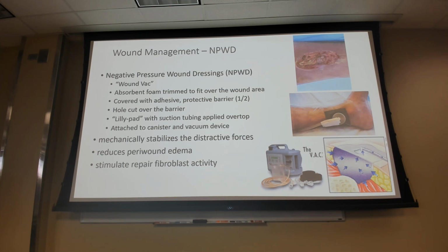That's another issue with why we sometimes don't primary close things, just because we'll have that wound edema with it. So this will help reduce that. And then it helps stimulate that fibroblast activity. These require very close follow-up. Sometimes you can get a home health nurse, something you can prescribe, so that's always something to consider, so that we can save some of our hospital resources and personnel while we're treating these patients.